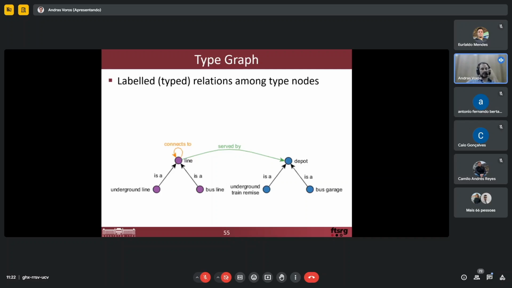And the lines are served by depots. And here in the metamodel, in the type graph, loops are possible. So here we want to define the building elements of my model, and I can attach different lines with this connects-to relation. And we can also have this kind of directed connections.